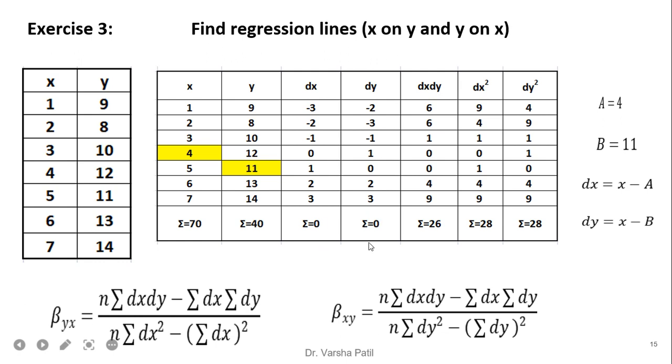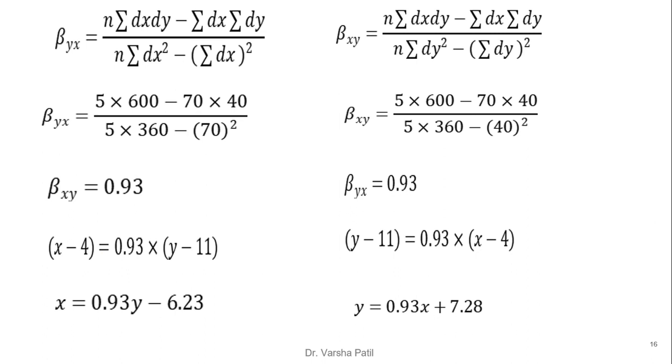When we take the summation, we find that most of the time, if the data is symmetric in nature, the summation is close to 0. So it is very easy for the calculation, and we just put in the values and calculate the answer. Here we get the answer 0.93, and we put the value into the equation. All these calculations are similar to exercise 1 and 2.